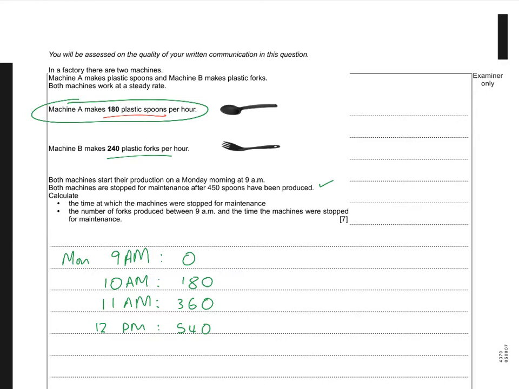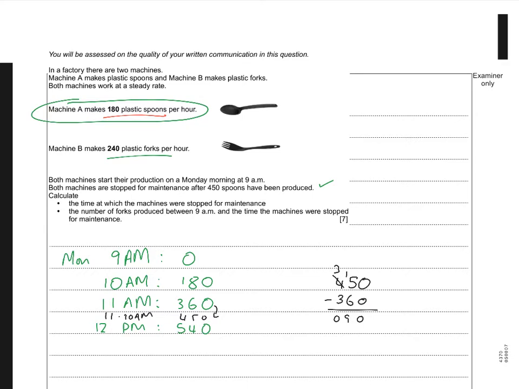If we take 450 and take away 360, we get 90, which is really nice for us because 90 is halfway through. So this must have been 11:30 AM.